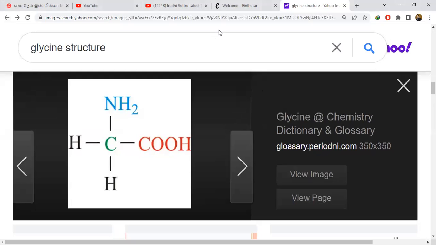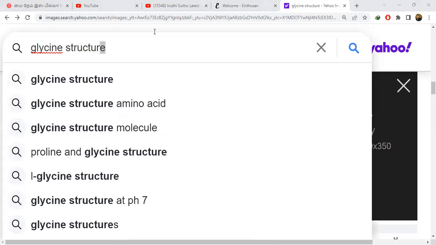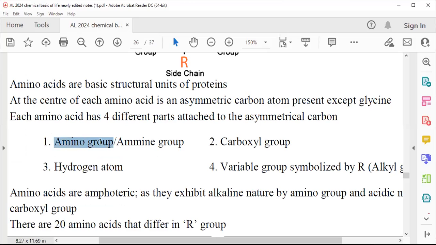Right. Now, let's go to the note. Here we are introducing the groups: amino group, which you are now familiar with, hydrogen atom, and the variable group, the R group.